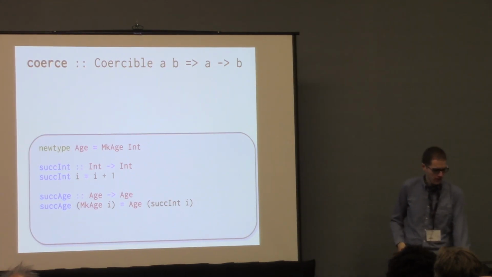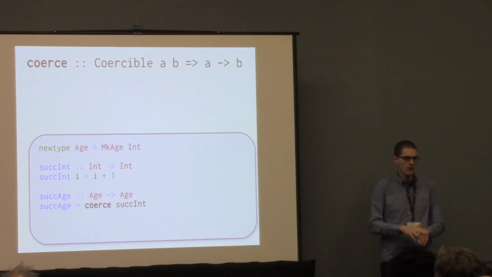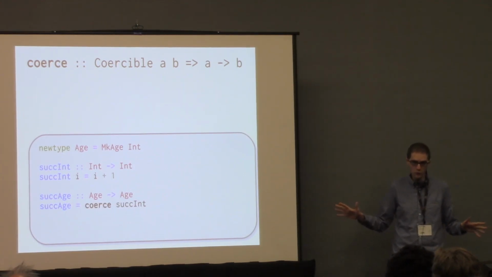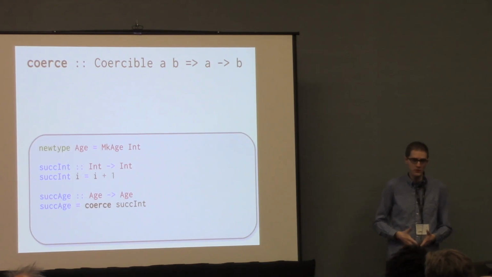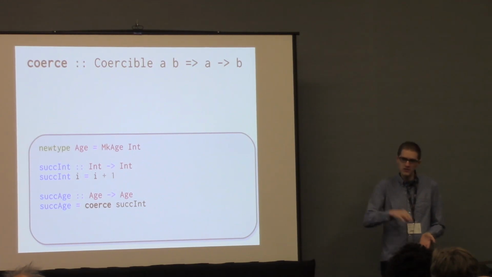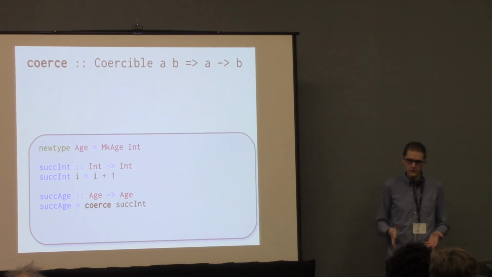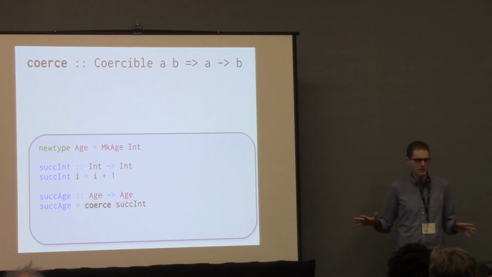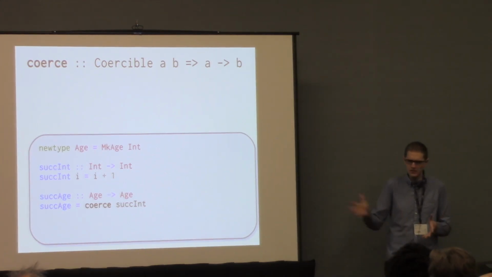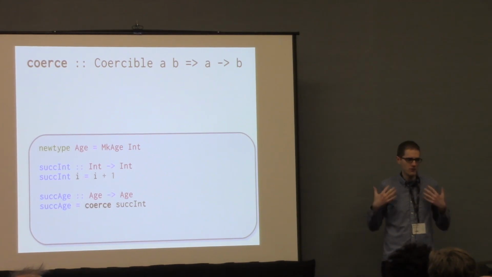So what we can do instead is just wipe all that away with coerce. And recall that this works because we can lift Coercible instances through type constructors, which, because Int is intercoercible with Age, lets us conclude that Int -> Int is intercoercible with Age -> Age. So we've accomplished two things here. One is we've come up with a shorter implementation of this function, which is kind of nice in itself.